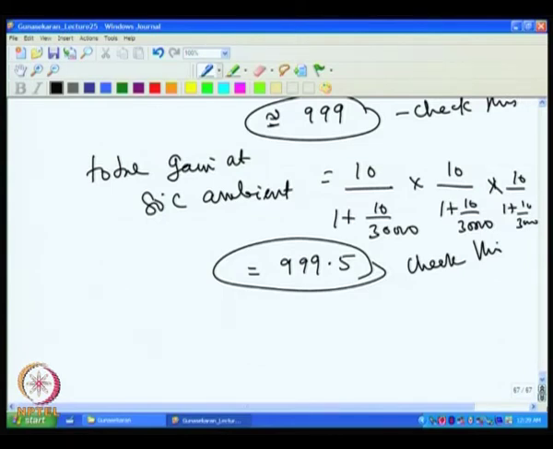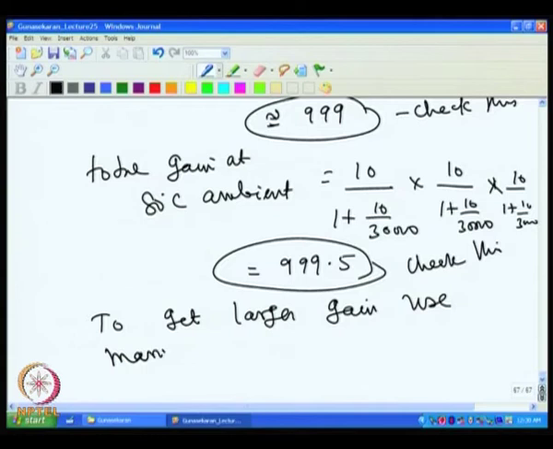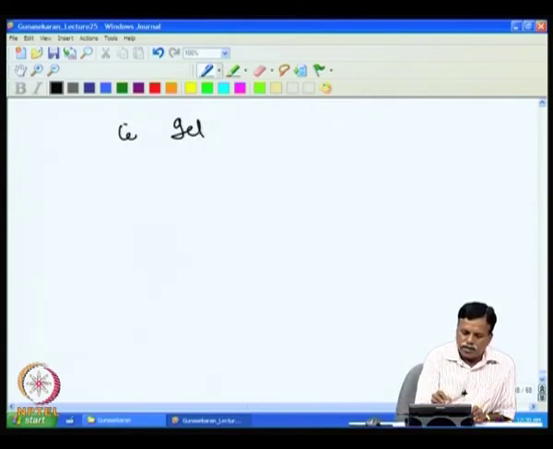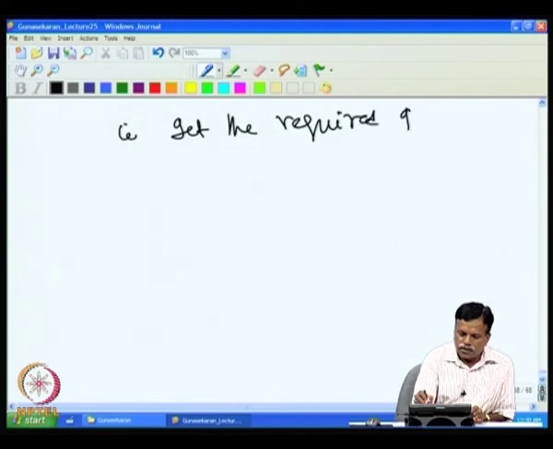So, what is required is to get a larger gain using many stages, that is, obtain the gain from several stages, smaller gain from each, that is get the required gain from multiple stages.